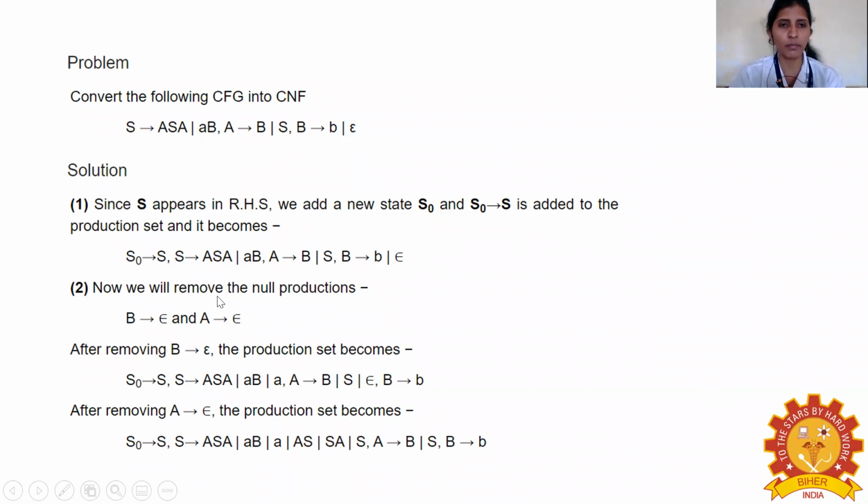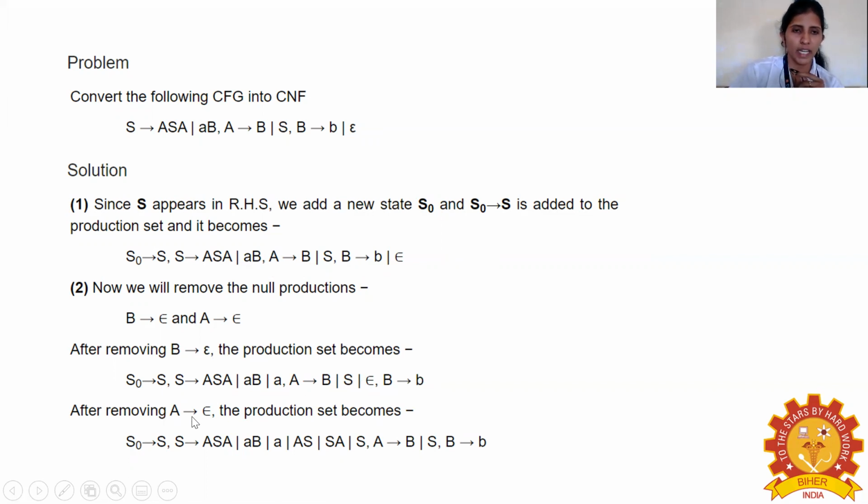Now we will remove the null productions, that is B to epsilon and A to epsilon. If in the place of B we substitute epsilon, this becomes a null production, so we have to remove it. After removing B to epsilon, the production set remains the same, but the epsilon moves to the previous production rule, that is A to epsilon.